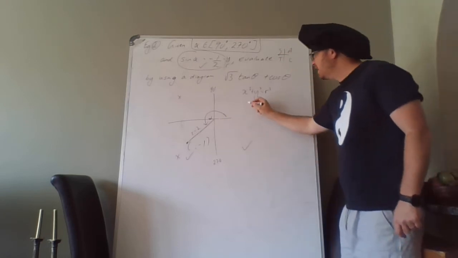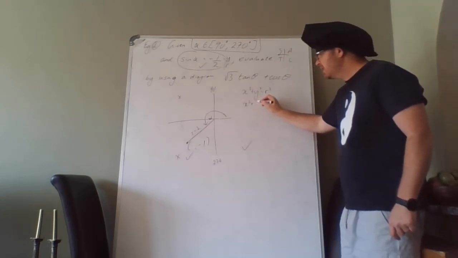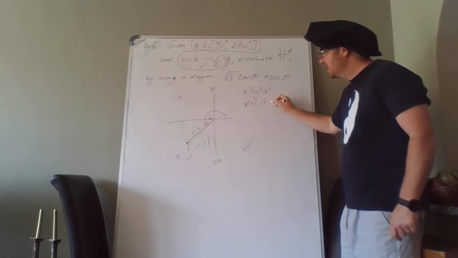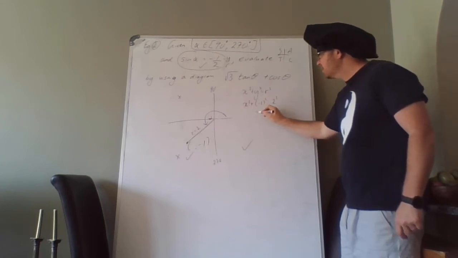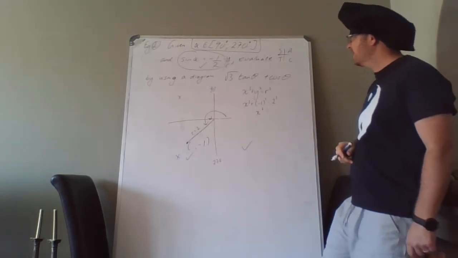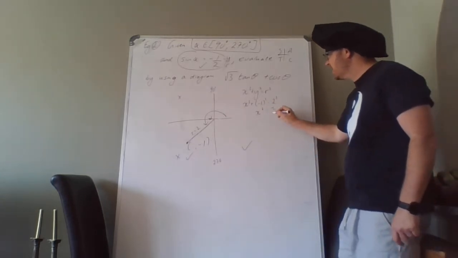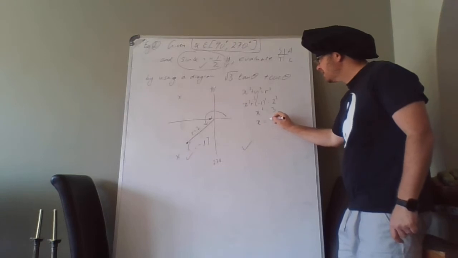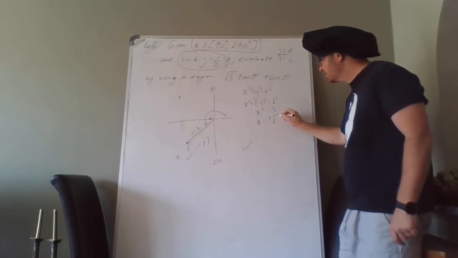So in other words, x squared plus negative 1 squared is equal to 2 squared. So x squared is going to be equal to 4 minus 1, which is 3. So x is equal to plus or minus the square root of 3.